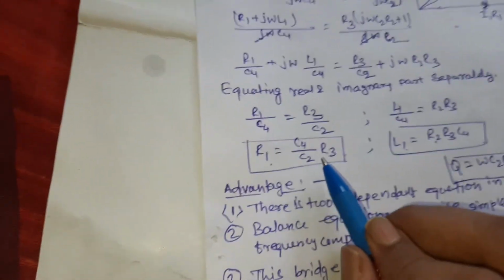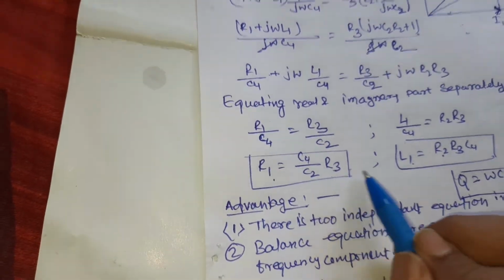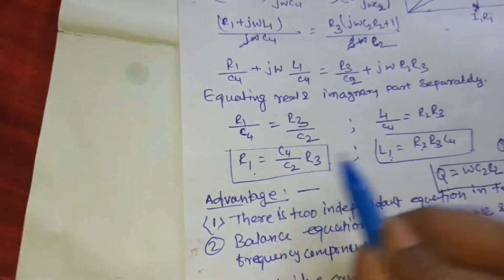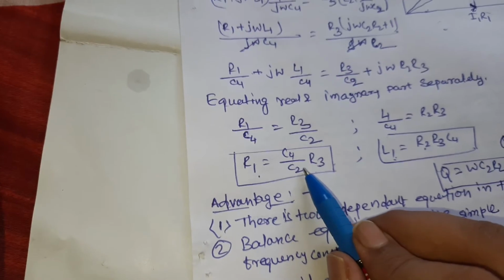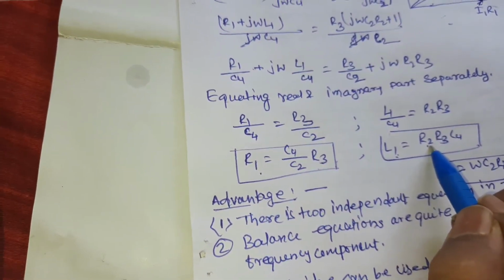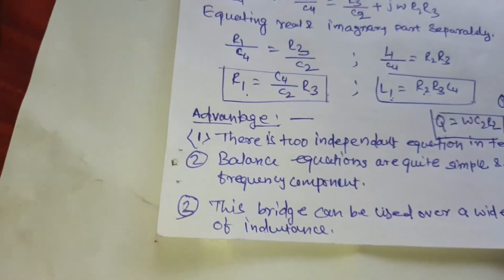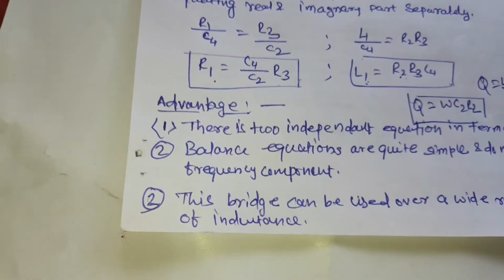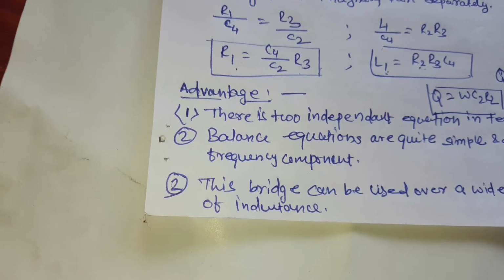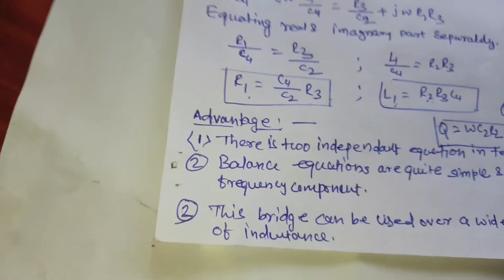That means for the balancing condition, R1 and L1 are independent of each other, and they are operated by varying C2 and R2 independently. So this is the advantage of the Owen bridge, and this bridge can be used over a wide range of measurement of inductance.